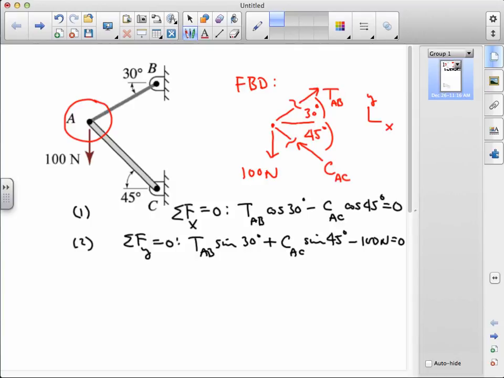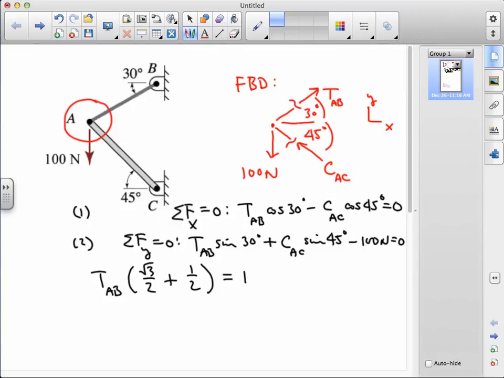Using the fact that the cosine of 45 is equal to the sine of 45 equals 1 over root 2, we can add these equations together and the term involving CAC cancels out, leaving TAB cosine 30, which is root 3 over 2, plus sine 30, which is a half, minus 100 newtons equals 0.